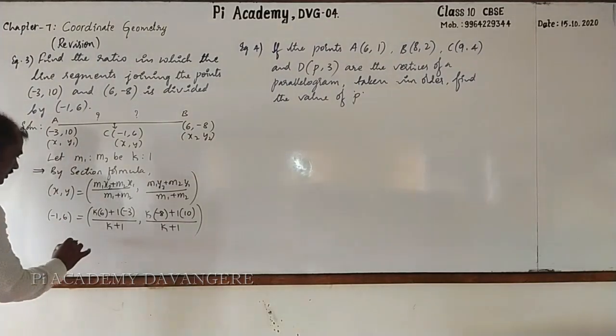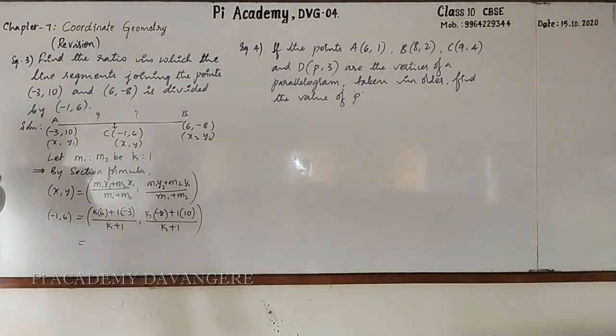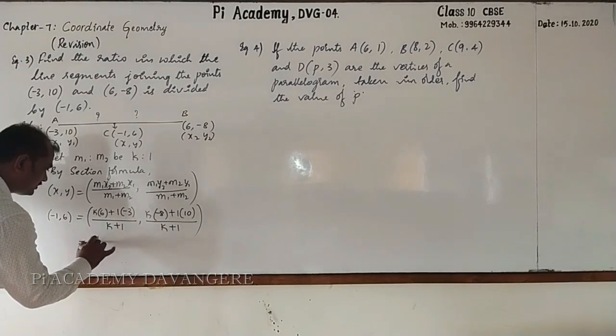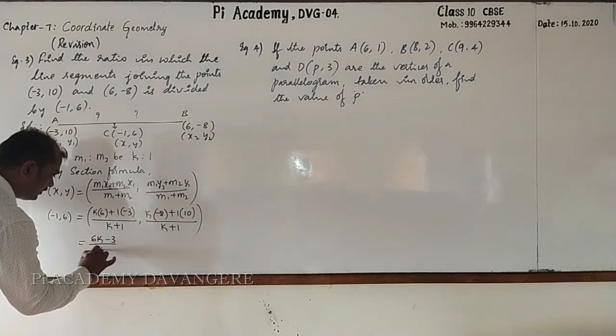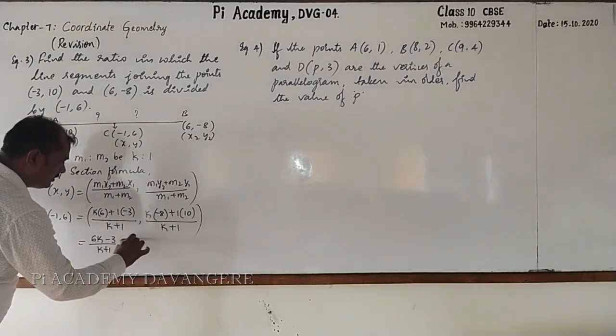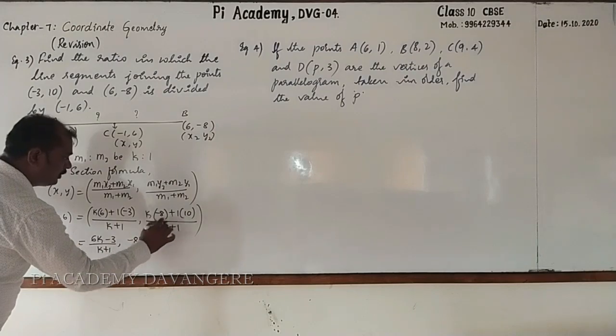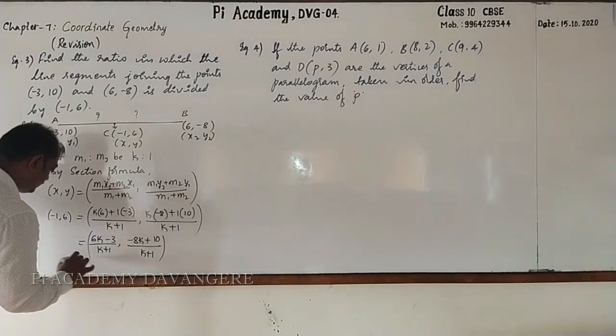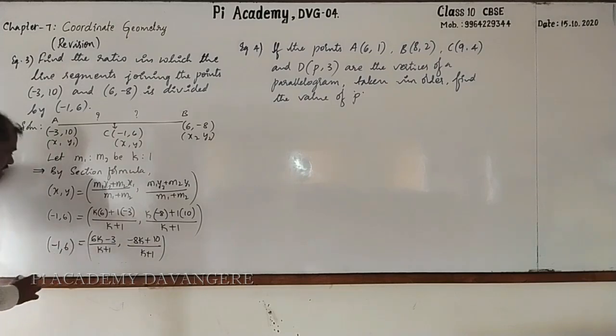Next, simplify, k into 6, 6k. 1 into minus 3, minus 3 by k plus 1. This is minus 8 into k, minus 8k. 1 into 10 is 10, by k plus 1. So minus 1 comma 6.